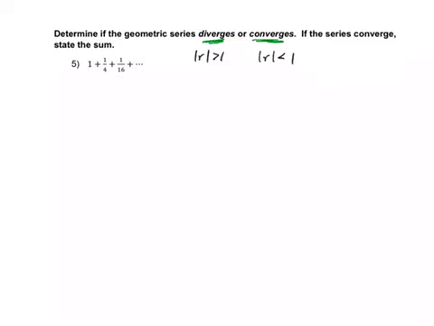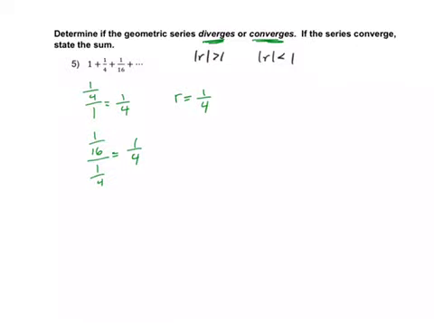So in this case, I have 1 plus 1 over 4 plus 1 over 16 plus, and it continues, right? So if I divide 1 over 4 divided by 1, that's 1/4. If I divide 1/16 divided by 1/4, that's also 1/4. So as you can see here, my R is 1 over 4.